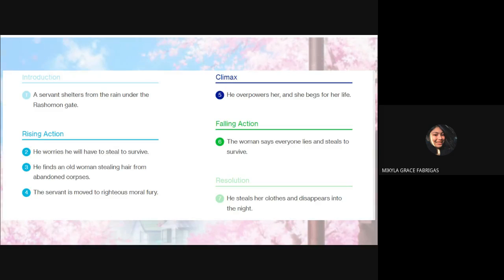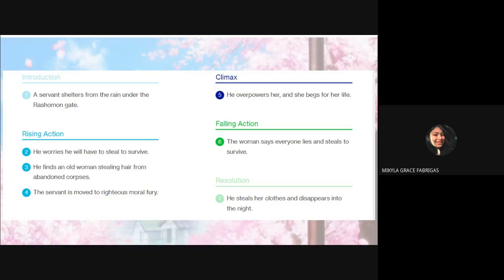Sir, he thought of stealing at first, but he was a morally good person, so he would rather die of hunger than do something wrong. It's like he was broken.